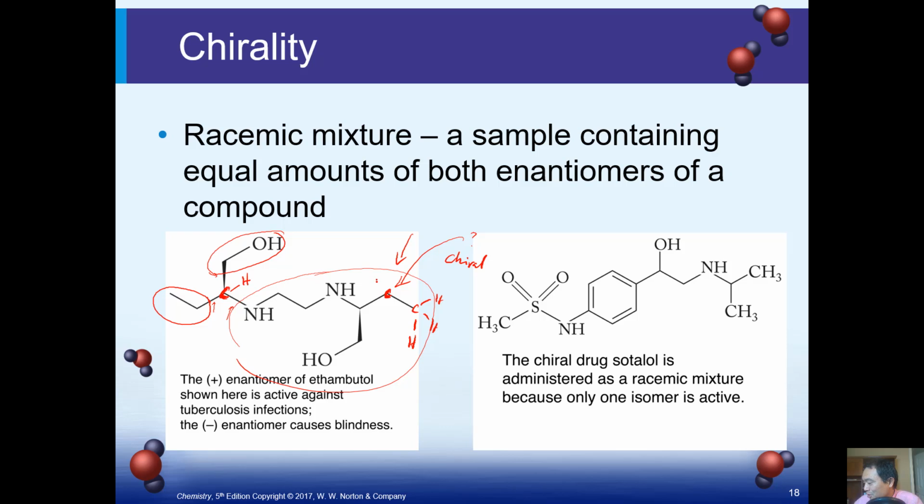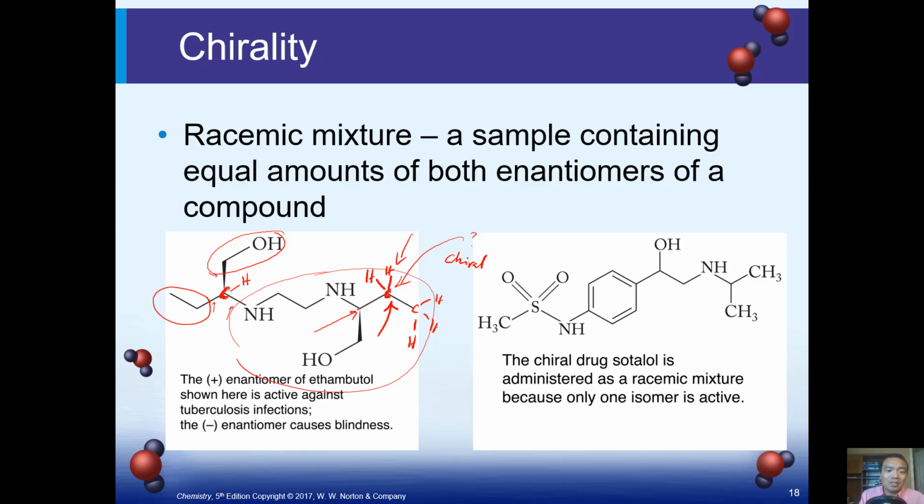This carbon would need 2 more hydrogens attached to it, because you do not have 4 different groups attached to this particular carbon. So this carbon is not chiral, but the neighboring one actually is.